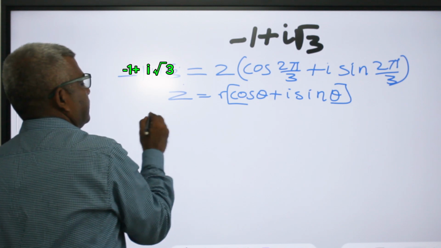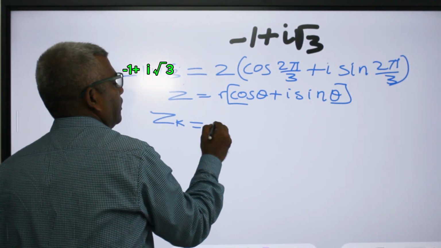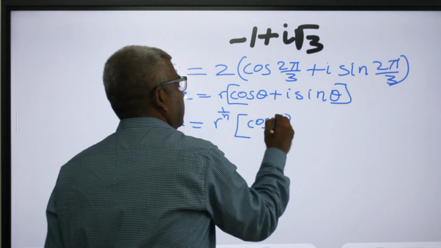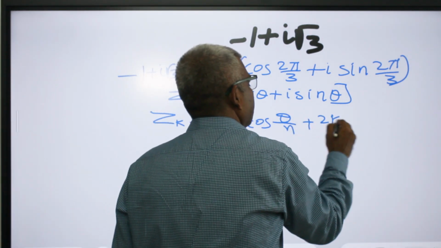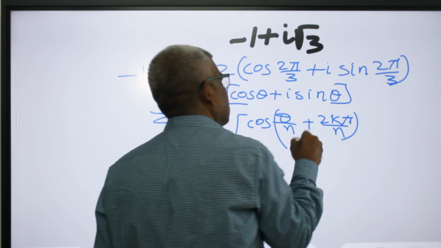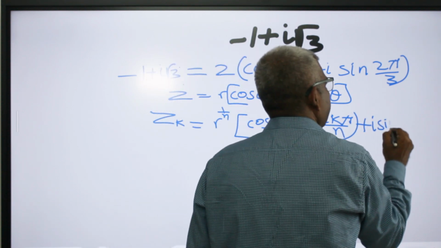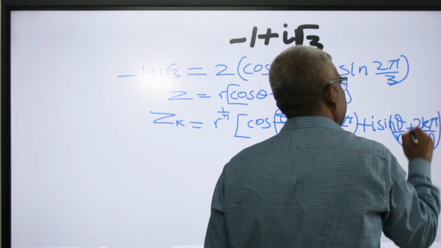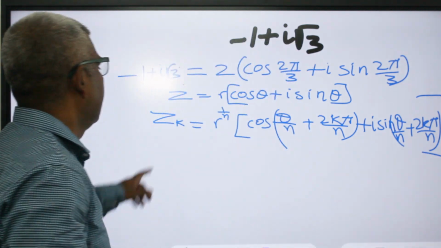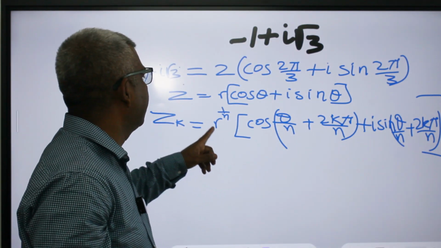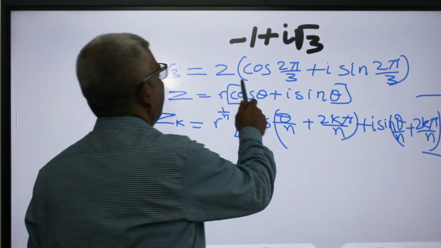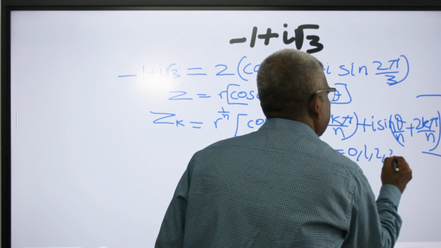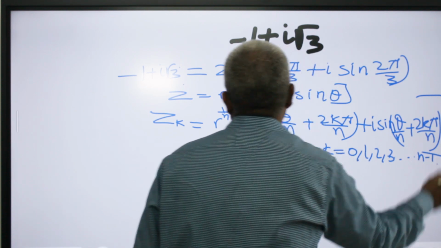Then z k is r power 1 over n, cos of theta by n plus 2k pi over n, plus i sin of theta by n plus 2k pi over n, where k is 0, 1, 2, 3, up to n minus 1.